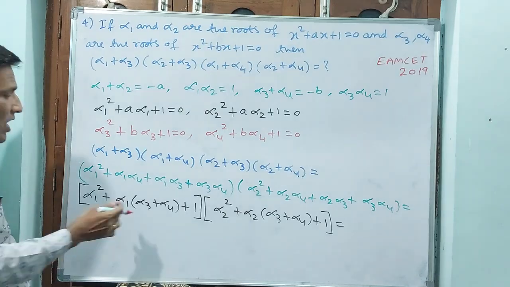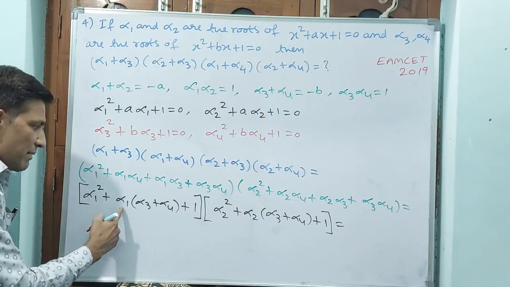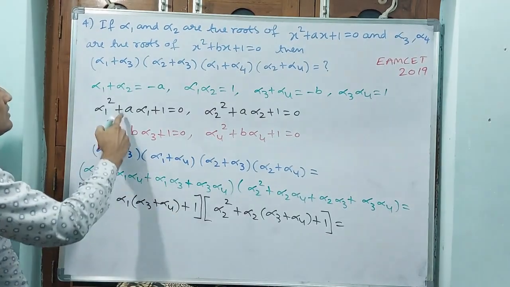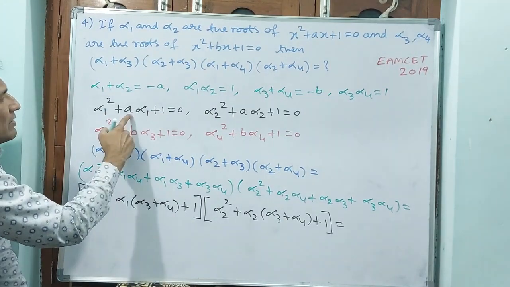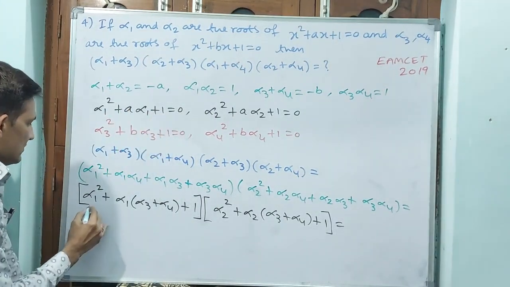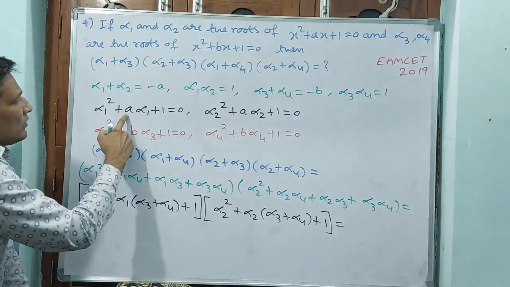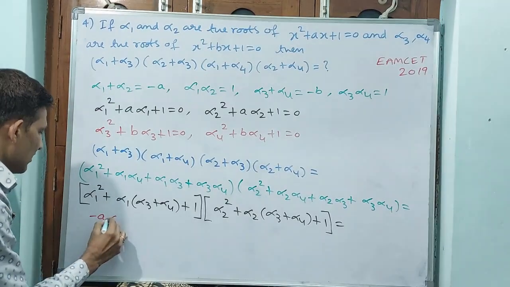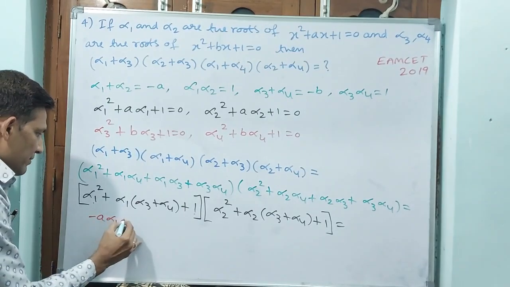Now you see, alpha 3 plus alpha 4 means minus b. Shall I write minus b alpha 1? Alpha 1 square plus 1 gives minus a alpha 1, so these two are over.